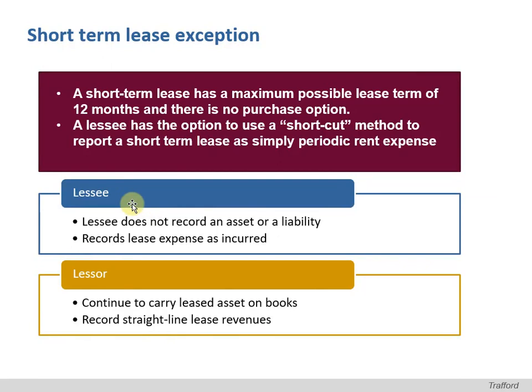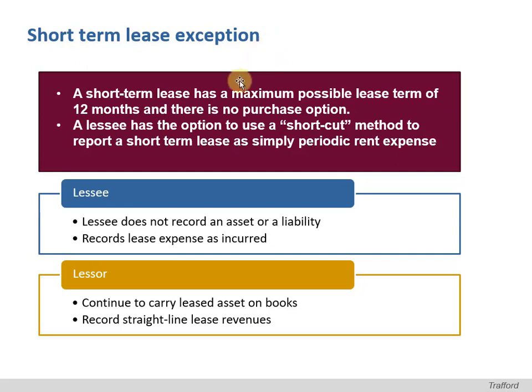One last note here, and that is I referred early on to an exception to the need for every single lease to be reflected on the balance sheet of a company. Our exception is only valid when a lease has a very short term period.